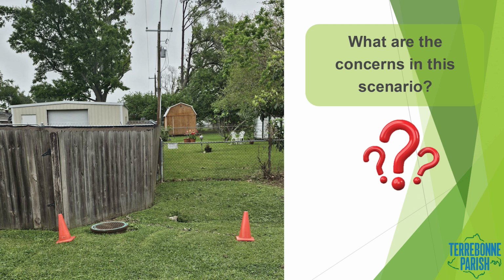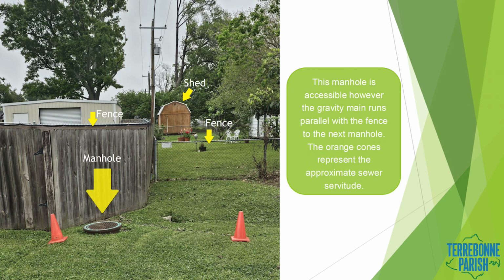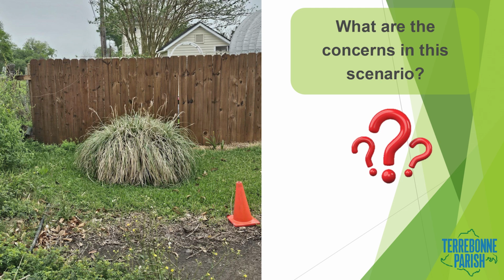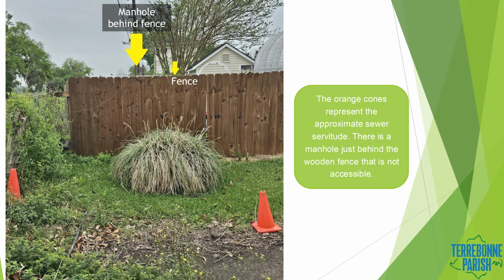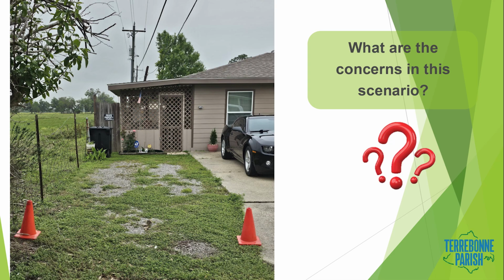Here's a pretty good one. You can see the servitude from cone to cone. You can see where the manhole is. Fence, shed, fence. Another good example. Pretty good one here. Manhole is under the fence. Servitude. Another real nice one.